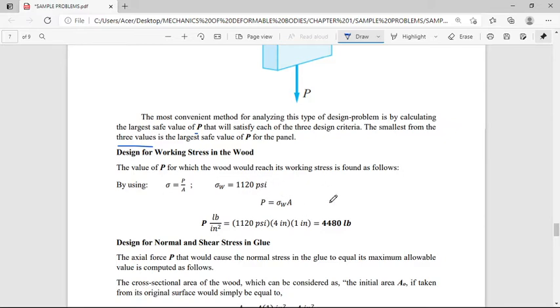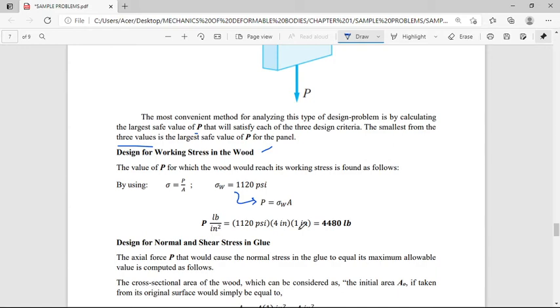And we rearrange this equation, transposing stress, into P equals the working stress multiplied by A.